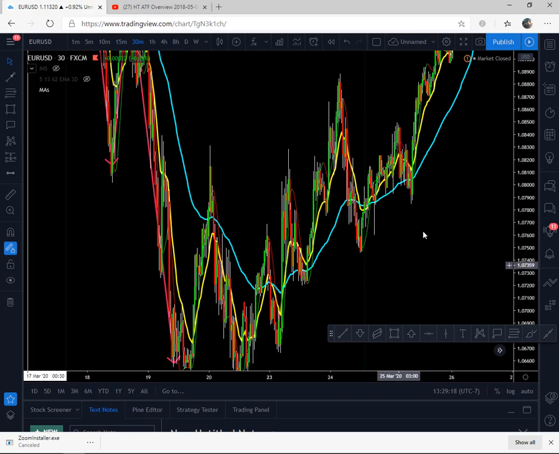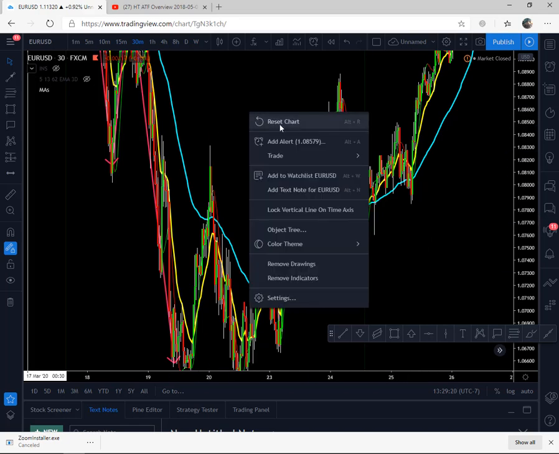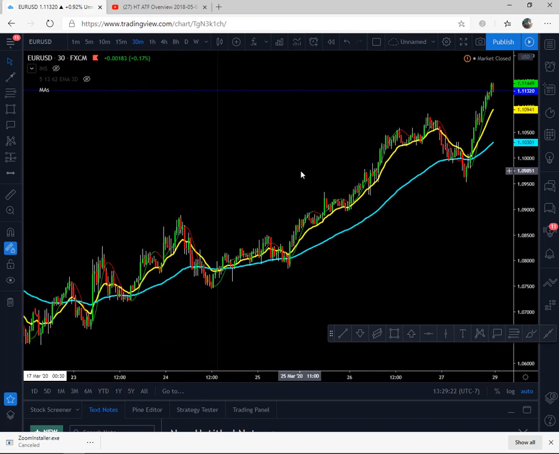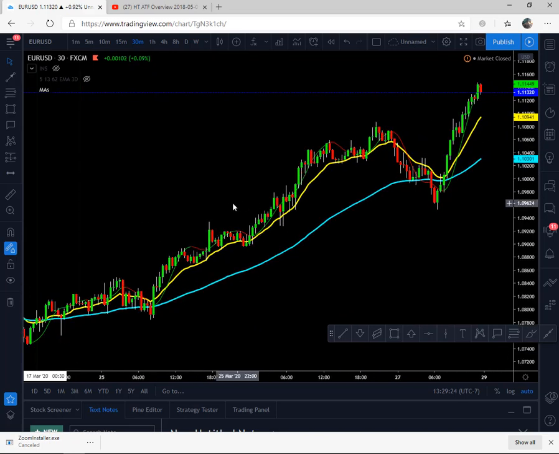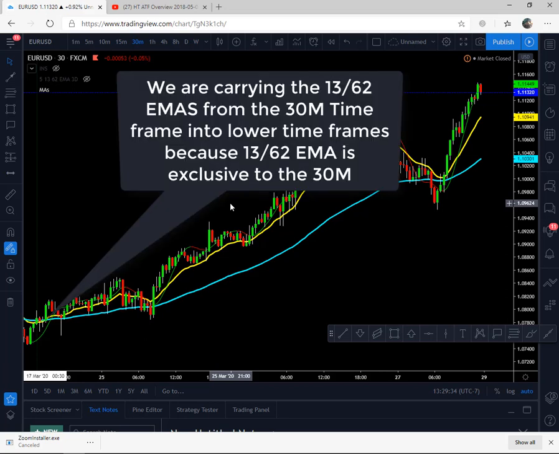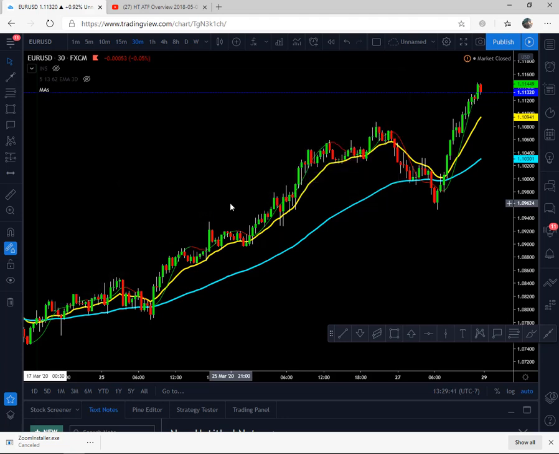3D charting. And what 3D charting is, is carrying the 13 62 cross or moving exponential moving averages into lower time frames, like the 15 minutes, the 10 minutes, the 5 minute, and the 1 minute.